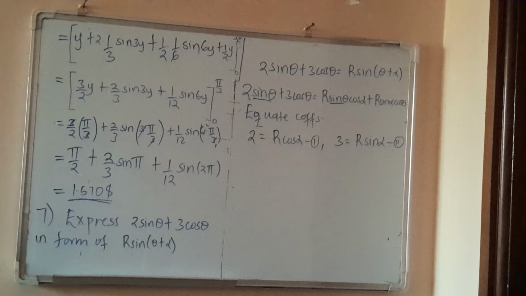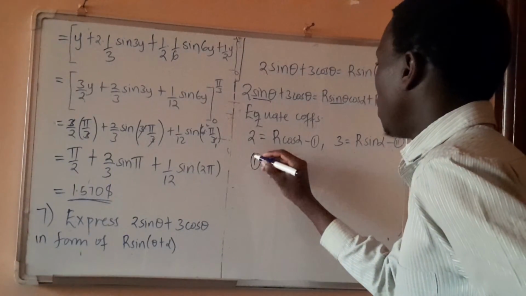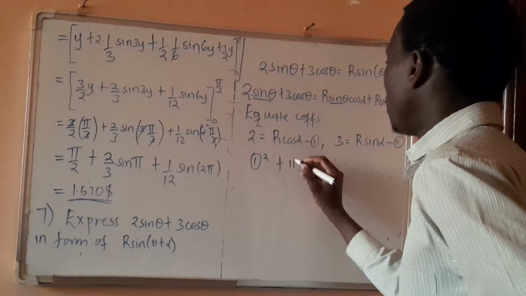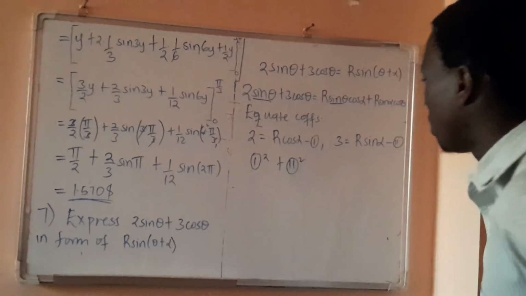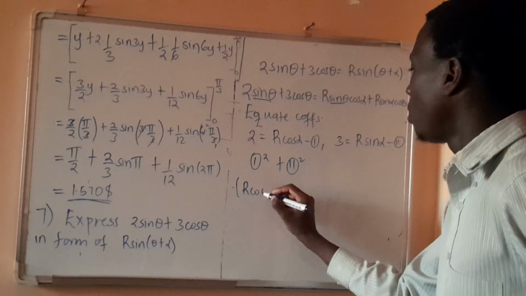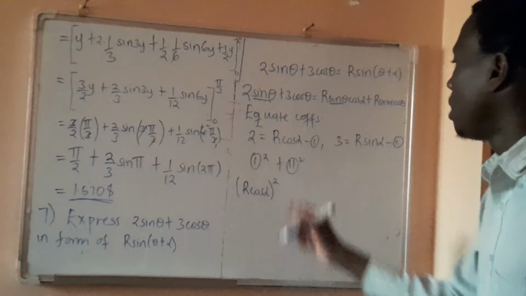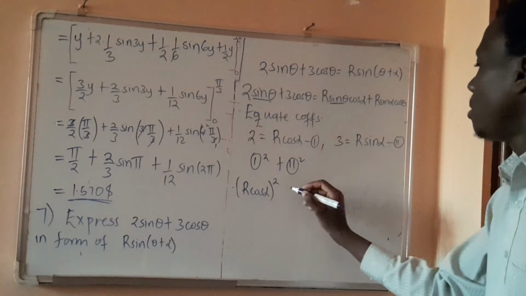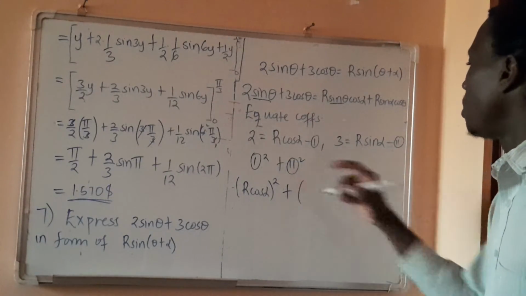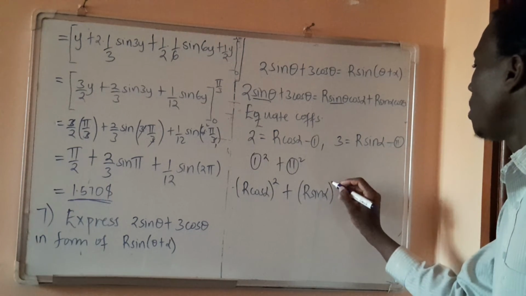We are going to play around with those two equations. How are we going to deal with them? Let us square them and then add them. Equation 1 squared plus equation 2 squared. Equation 1 squared is R cos alpha squared, then plus equation 2 squared, R sine alpha squared.